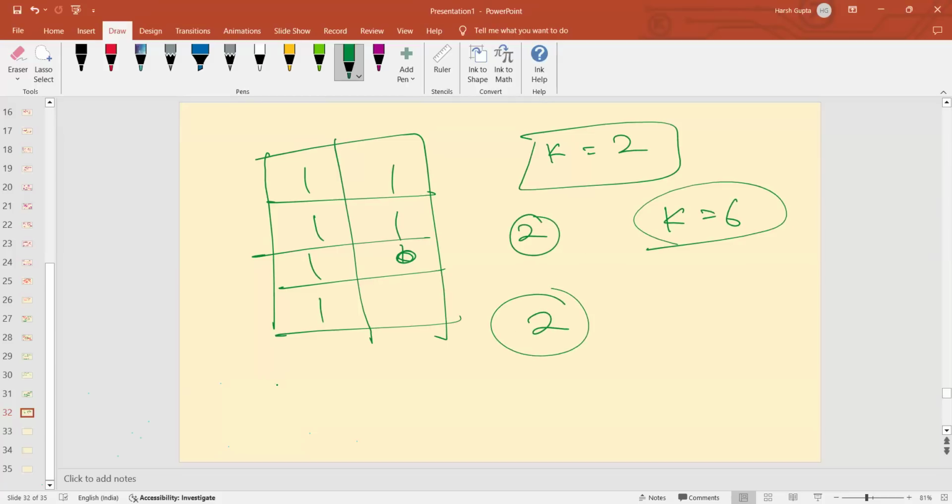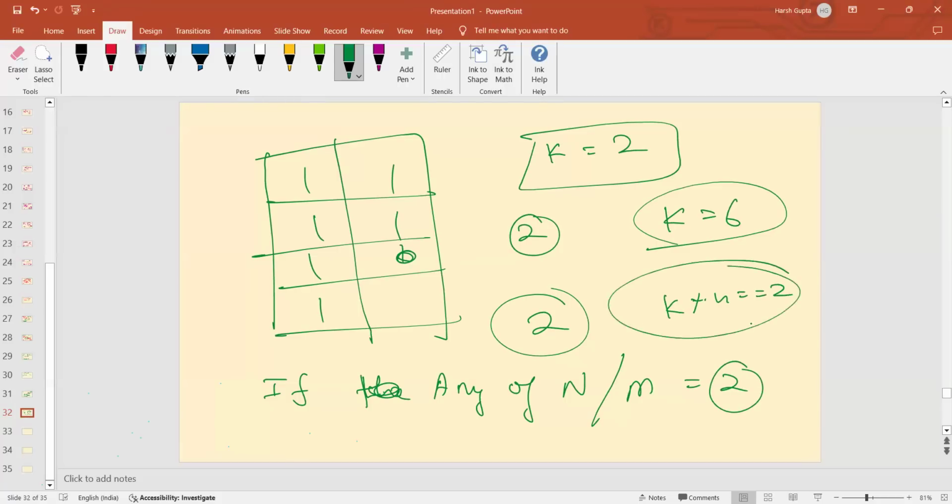So I can say if any of n or m is equal to 2, then for every k modulo 4 equals 2 as well, my XOR result will always be 2. Can I say this? It's not possible to obtain a lesser XOR result.